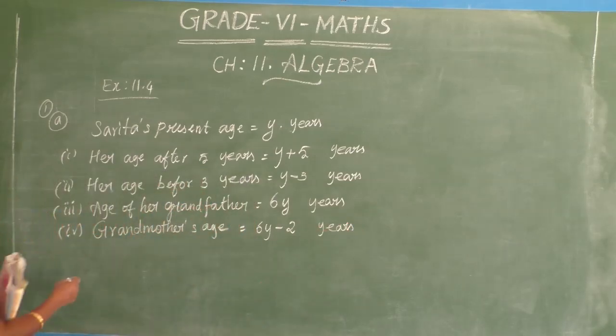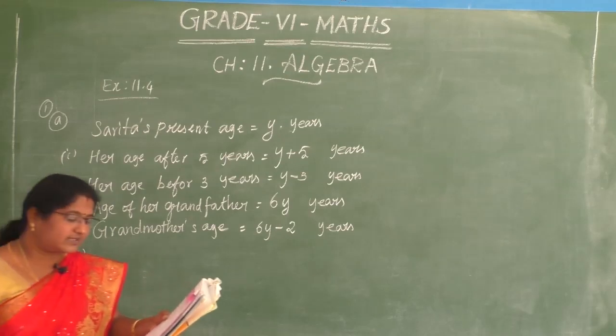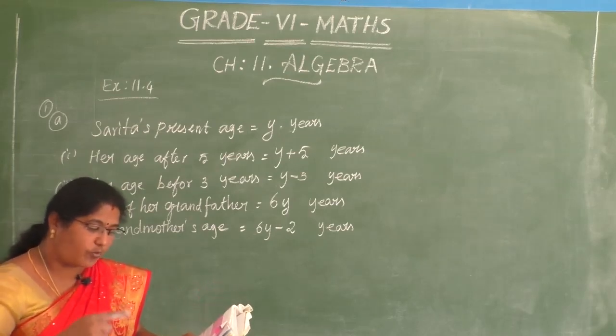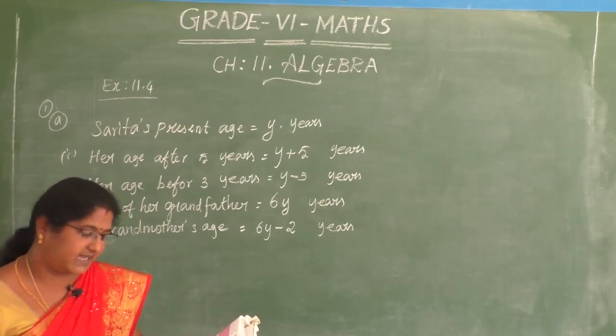Understand? Next, fifth question. Sarita's father's age is 5 years more than 3 times Sarita's age.